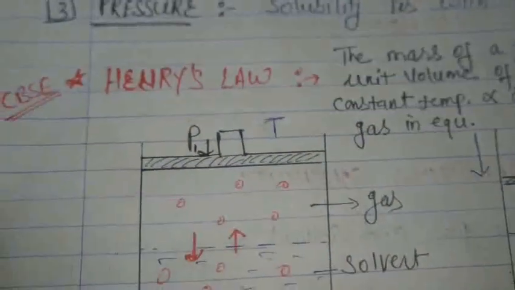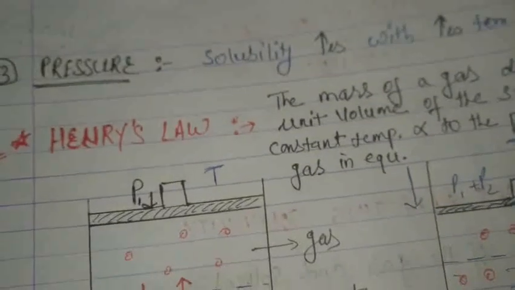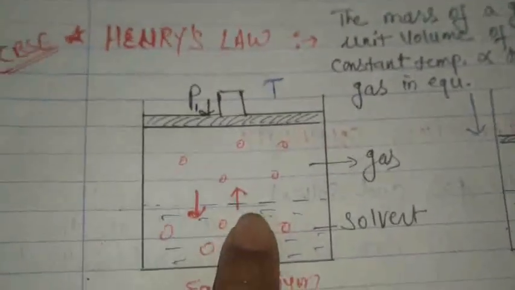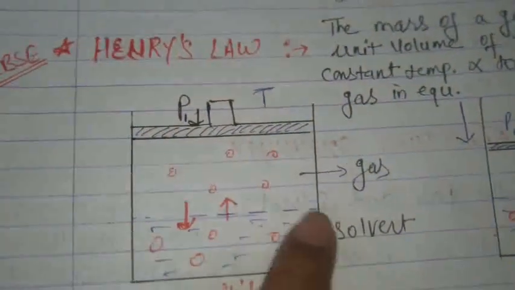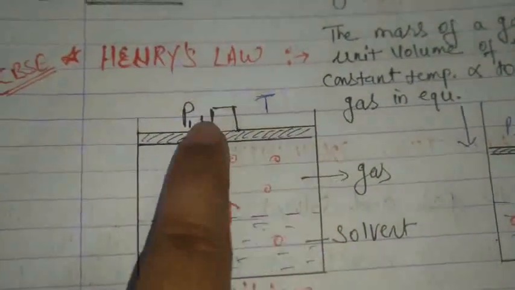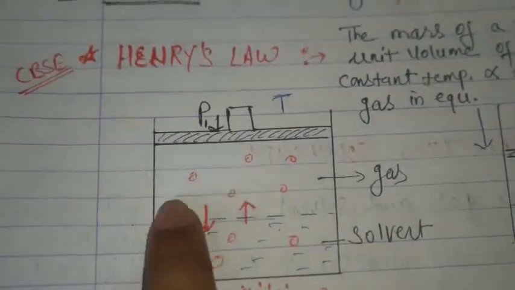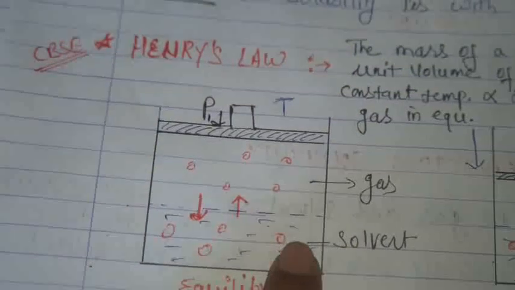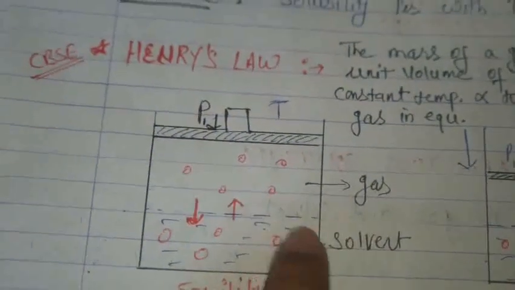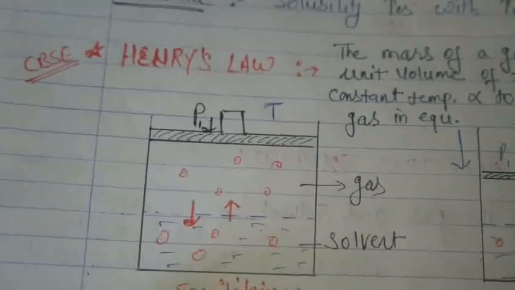To understand this, we consider a gas which is in dynamic equilibrium with the solution. Here it is a gas cylinder fitted with a frictionless piston. At the bottom the solution is present, meaning solvent plus gas, and this vacant space is occupied by gas molecules.